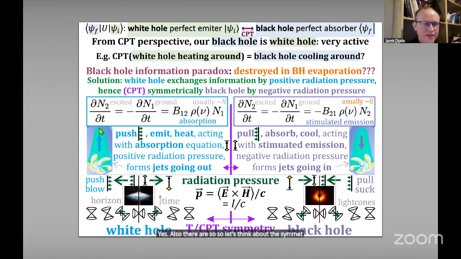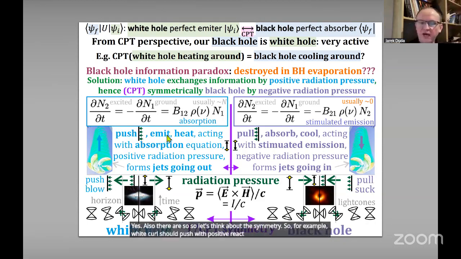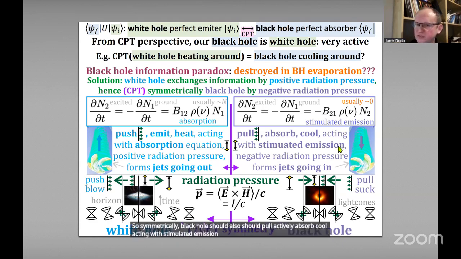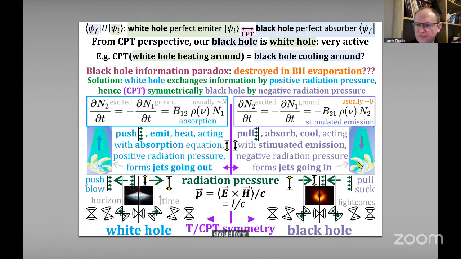A white hole should push with positive radiation pressure, emit photons, heat, acting with the absorption equation on the matter around, forming a jet going out. Symmetrically, a black hole should pull actively, absorb, cool, acting with the stimulated emission equation around, with negative radiation pressure, and should form jets going in. So just think about symmetry.